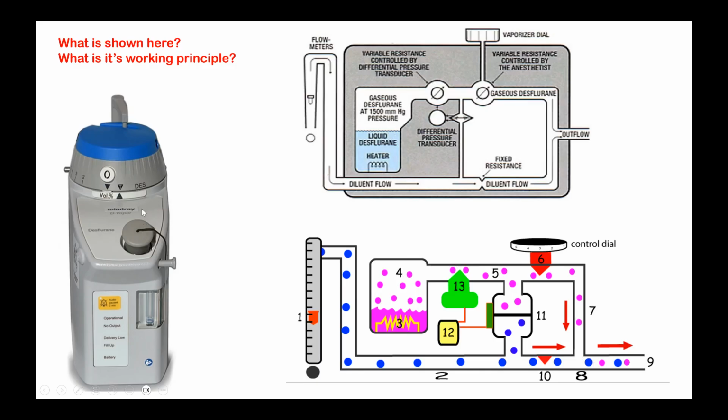It cannot work if there is no power supply, and that will make the vapor happen. And this differential pressure transducer will find out what the pressure is according to the flow rate that you keep and the dial setting here. Both will be balanced and the amount of vapor required will be injected into the gas flow.